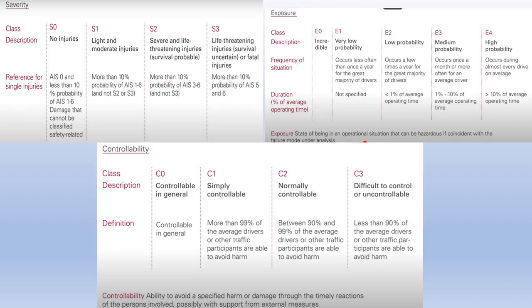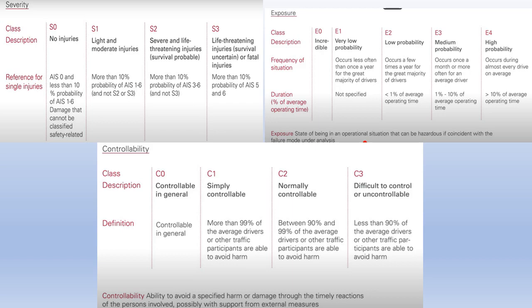As you can see from the table itself, severity is classified into four categories, where S0 stands for no injuries and S3 stands for life-threatening or fatal injuries. So we have to identify, if a particular hazardous situation happens, will the passenger suffer no injury or a life-threatening injury? That is called severity.